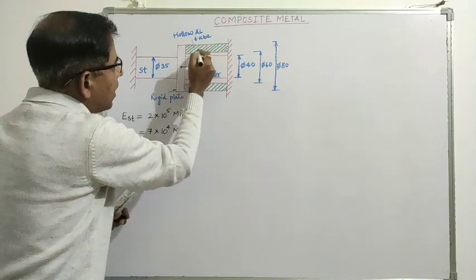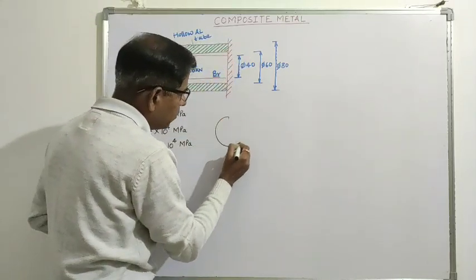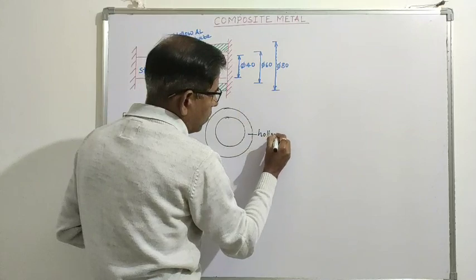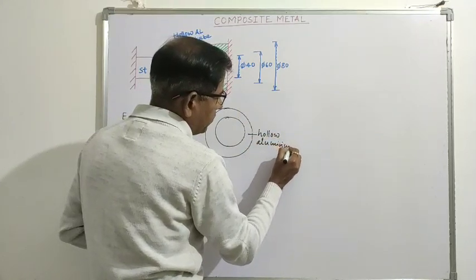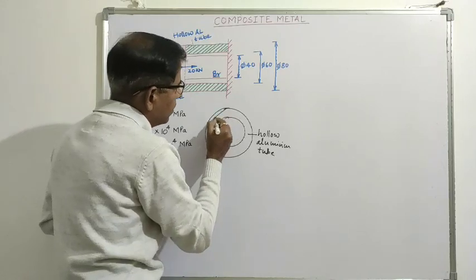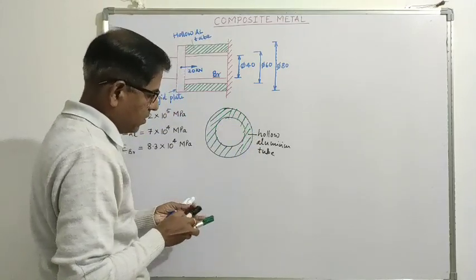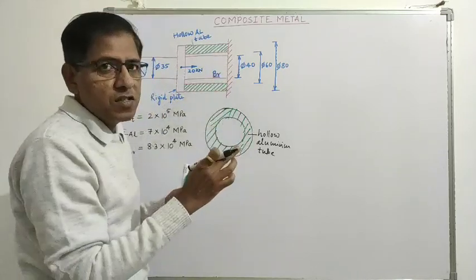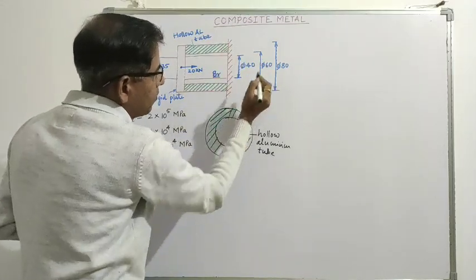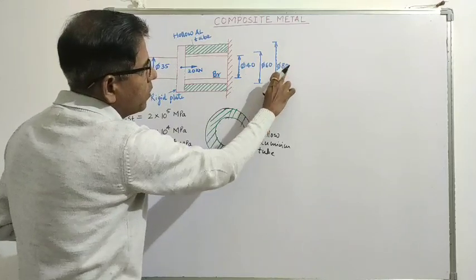The ID of the hollow aluminium tube is 60 mm, and the OD, the outer diameter of this aluminium tube, is 80 mm.